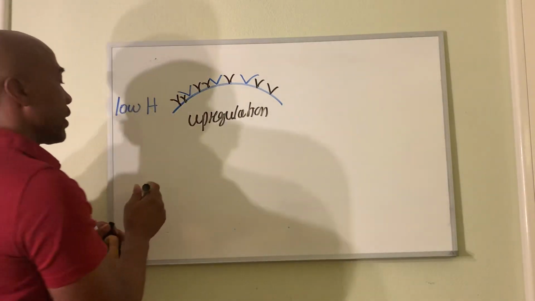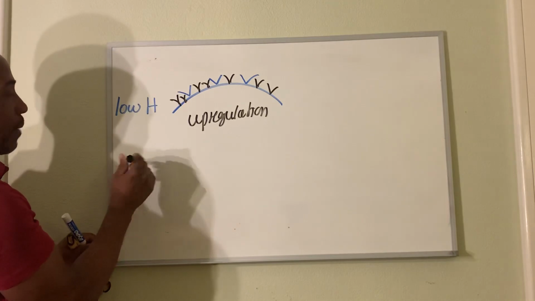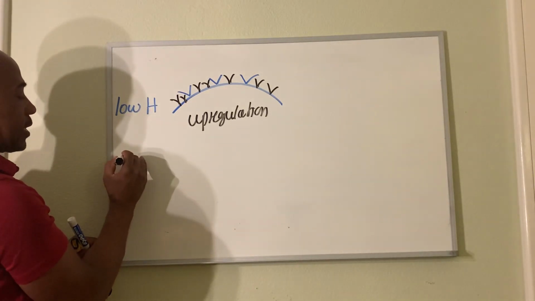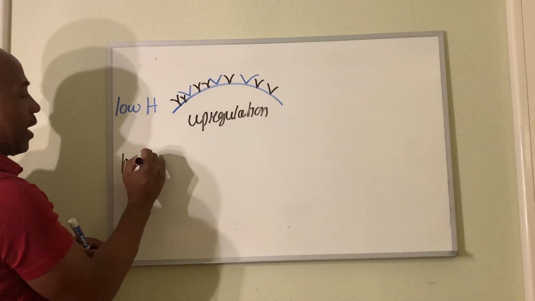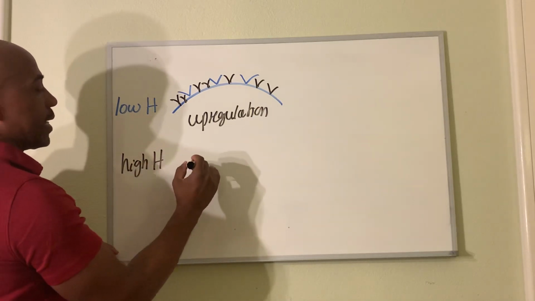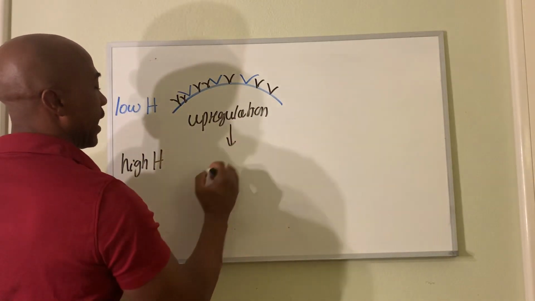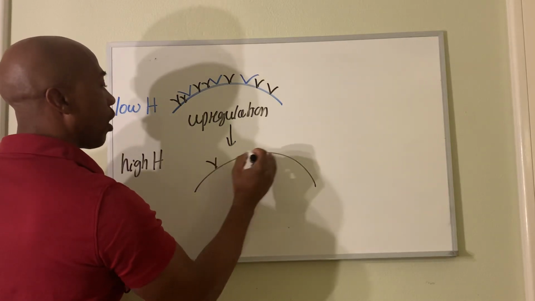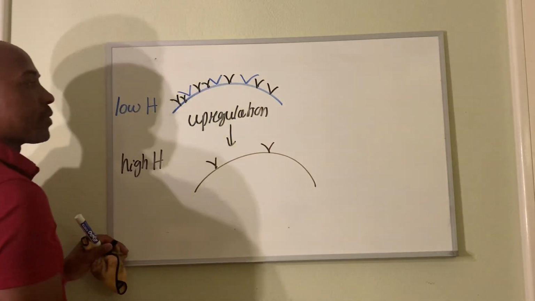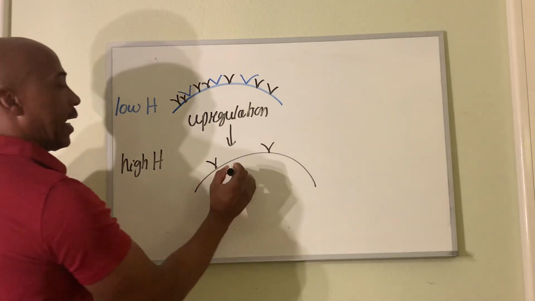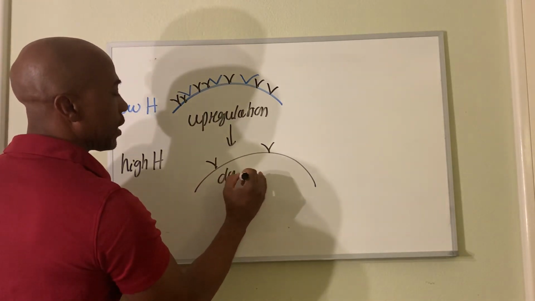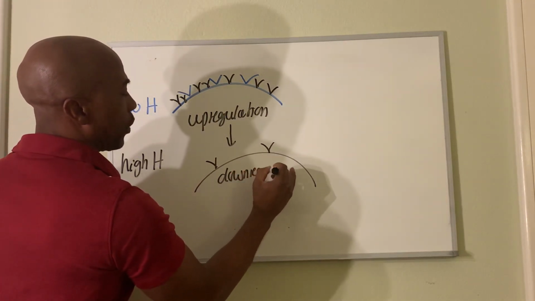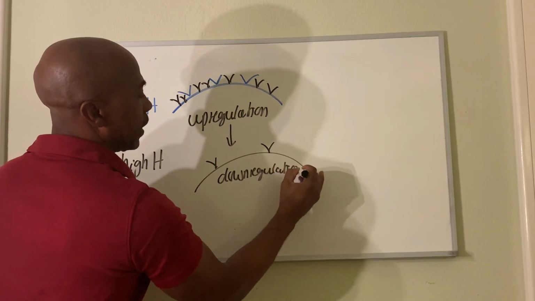That's upregulation. The opposite happens when you have, say, high levels of hormone. Then the cell instead will withdraw the receptors. So you have less receptors there. This is called downregulation. Okay.